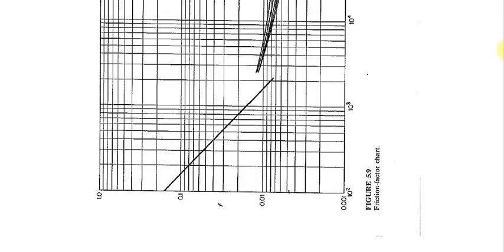Here it will come K by 4RH, and the Reynolds number will be calculated by the new formula as I mentioned here. In the Reynolds number, D will be replaced by 4RH.